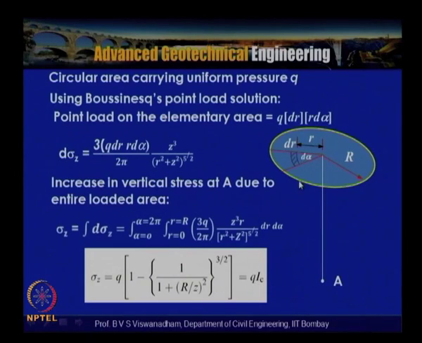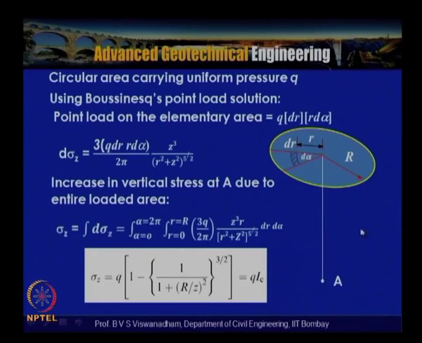Now, the increase in vertical stress at A due to the entire loaded area. In order to get this, what we need to do is that for the entire area, alpha ranges from 0 to 2 pi, and for the radius of this circle, r ranges from 0 to r0.